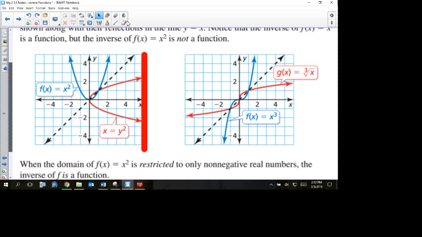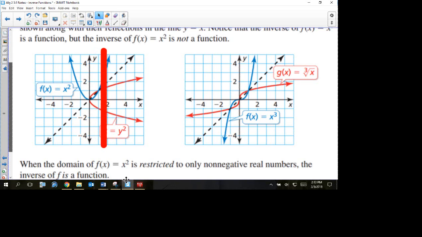You take this vertical line, and you don't have yours in color, mine's in color up here, but the blue one, which is the parabola, if you just look at the parabola and this big fat red line, how many times does the parabola intersect this vertical line at any point?